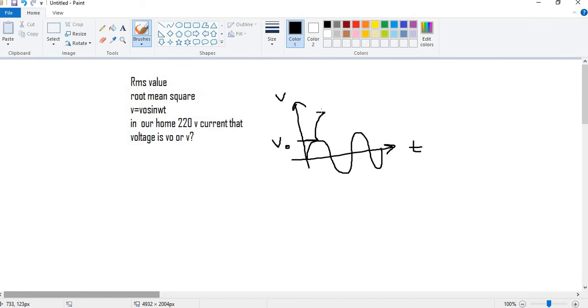Now, the 220 volt is nothing but the RMS value. So whatever the 220 volt is coming, that is not V naught, it is VRMS. In our home the 220 volt that is coming is not V naught, it is VRMS.